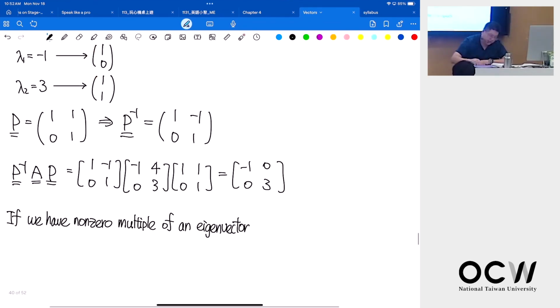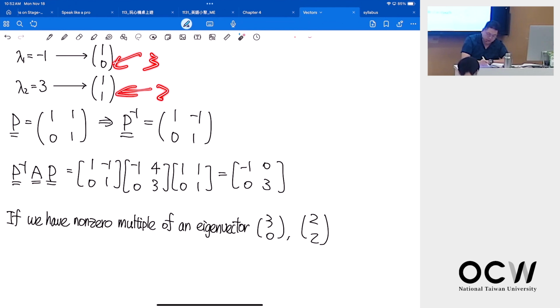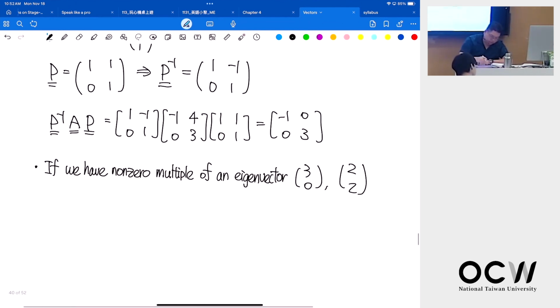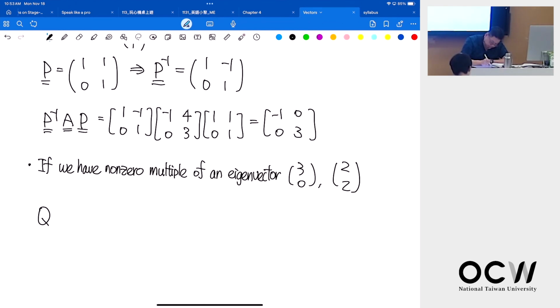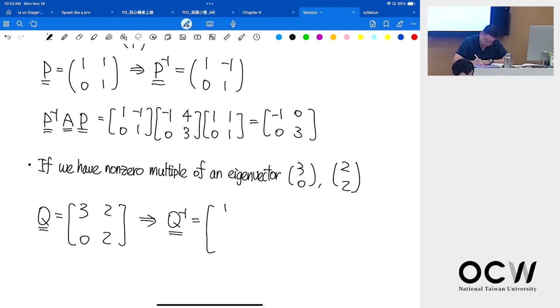Now suppose I have 3, 0 and 2, 2. This times 3 and this times 2. Then I form this matrix Q. So Q is 3, 0, 2, 2. Let's see. The Q inverse will be 1/3, 0, 1/3, 1/2.